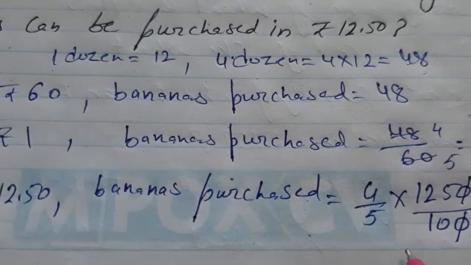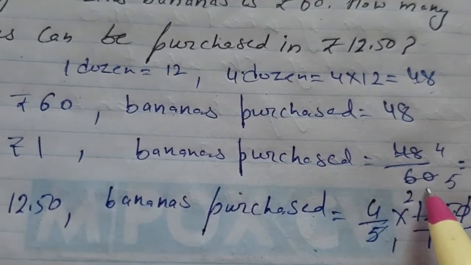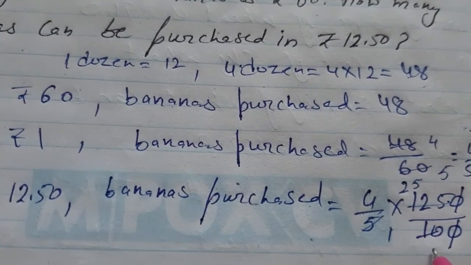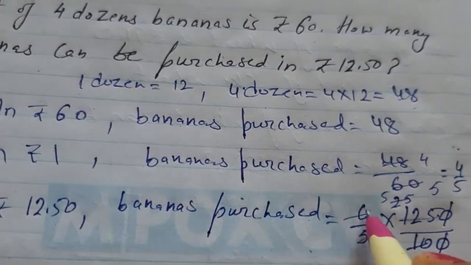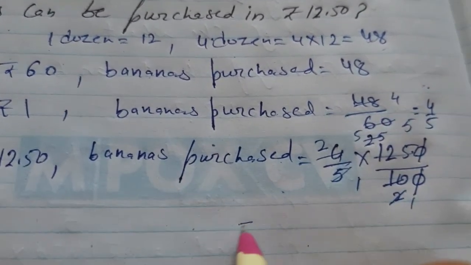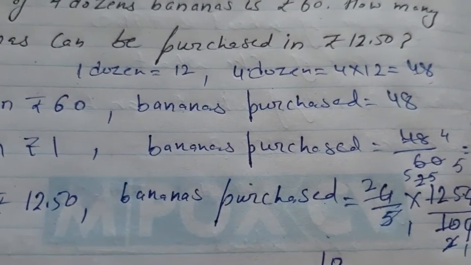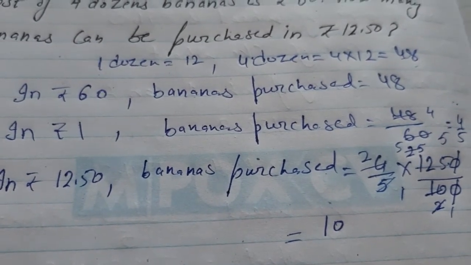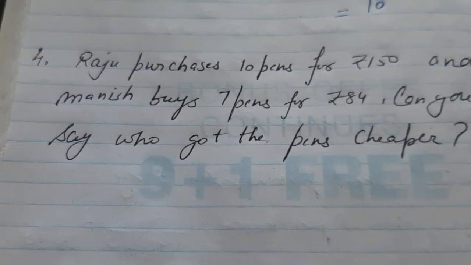So 0 will cancel out with 0. 5 ones are 5. 5 twos are 10. 5 fives are 25. Now you can cancel out 10 with 25. 5 twos are 10. 5 fives are 25. 2 ones are 2. 2 twos are 4. Now multiply the numerator. It comes out to be 5 twos are 10. So 10 bananas can be purchased in rupees 12.50. Please do the cancellation carefully.